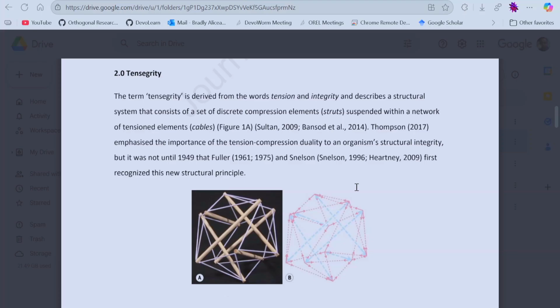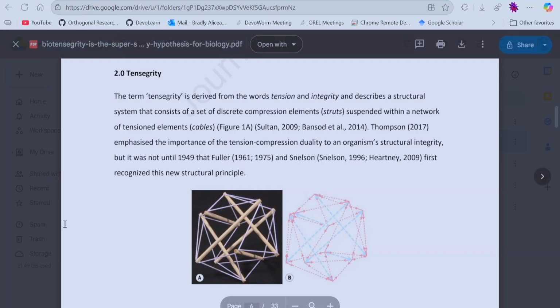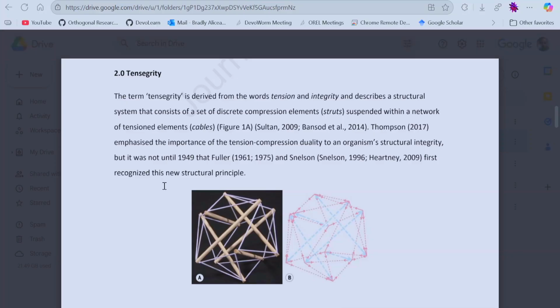So this is where they review, first of all, Buckminster Fuller, who was the person who originated tensegrity, actually, in architecture. And you've seen the buckyball, which is the C60 element, where you have a structure of carbon, and that's what they call a buckyball, a Buckminster Fuller inspired structure.